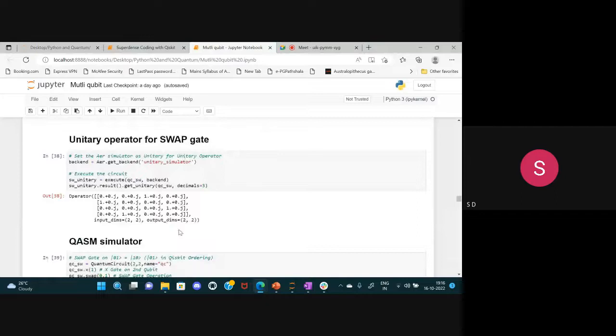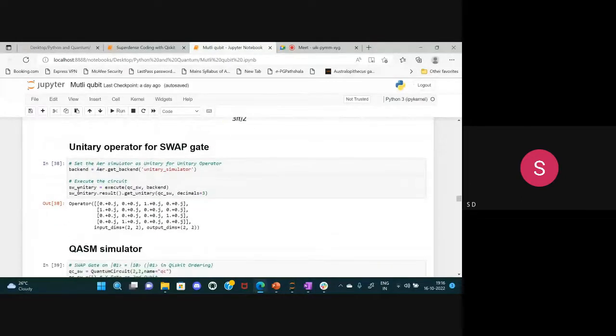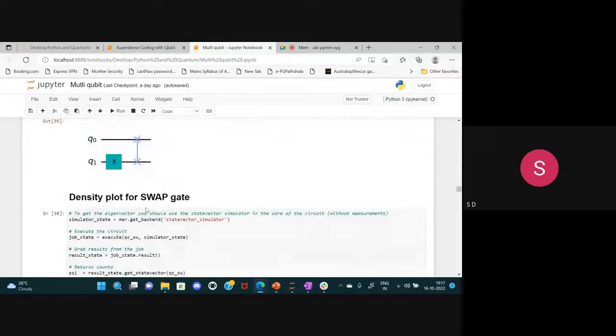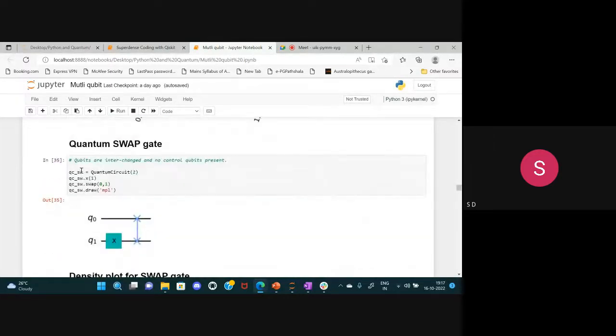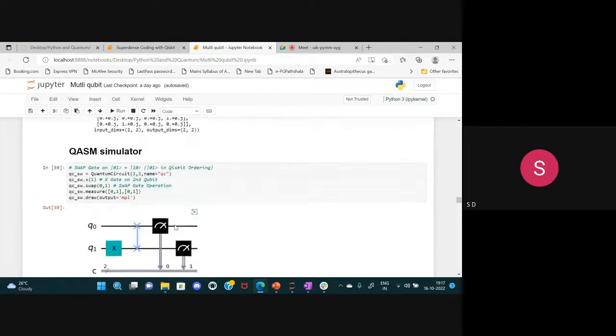The code for the unitary operator is the same. If you check the CX gate now, the code is exactly the same. Only in this first part, you just have to change the variable name and apply the qubits accordingly. If you want to flip the gate, you can, otherwise just try it out. It's trial and error. You don't have to worry too much about it.